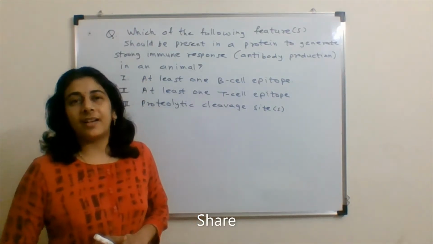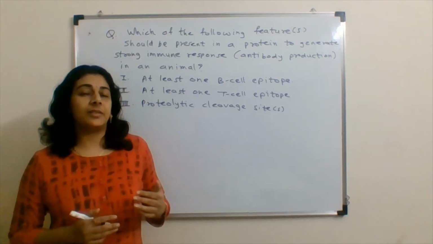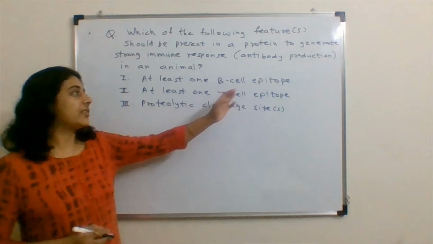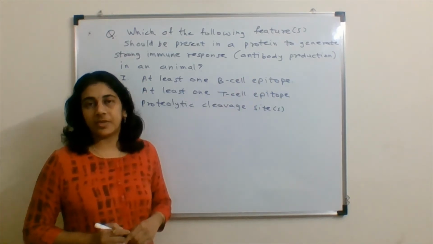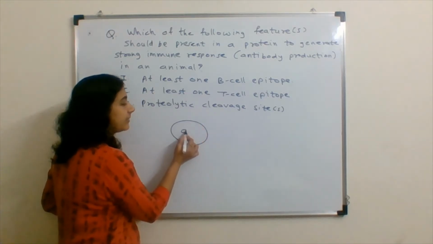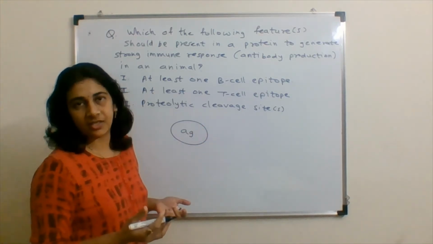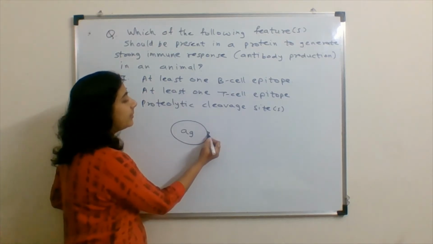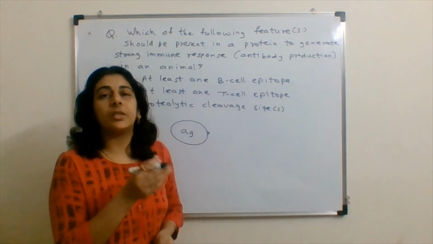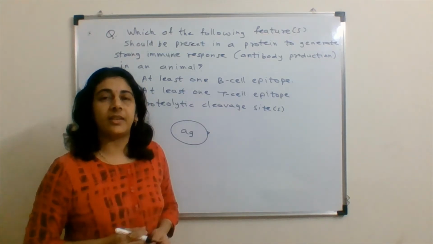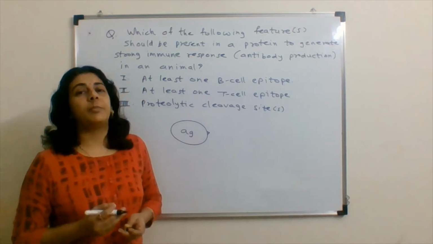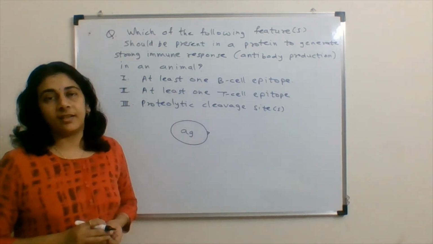See, so as to understand this question, we'll discuss this right from beginning. So first we'll try to understand what are the epitopes. When we say antigen, if this is any of the antigen, it is having some epitope. Epitope is that portion on antigen which is getting recognized by immune system. Immune system, it may be a B cell, it may be a T cell.